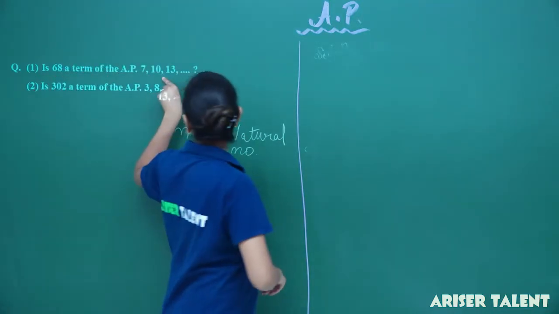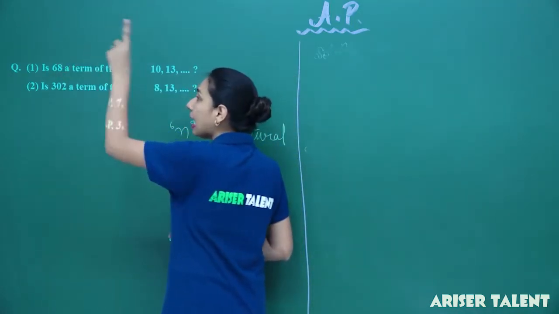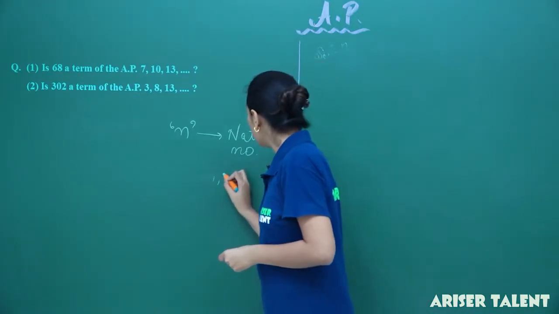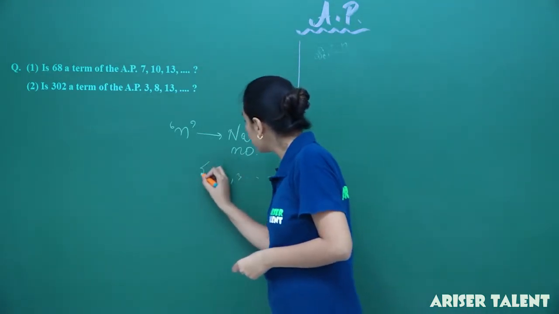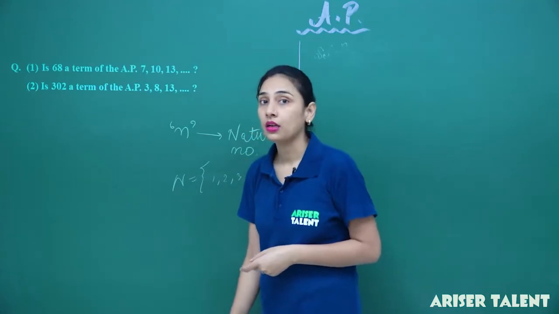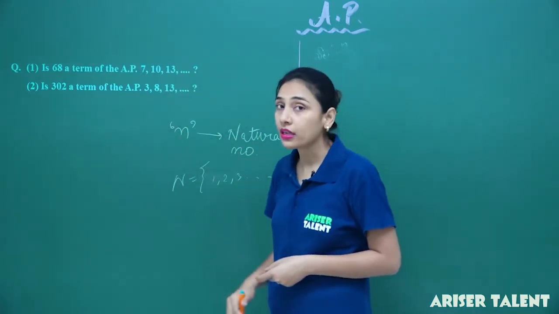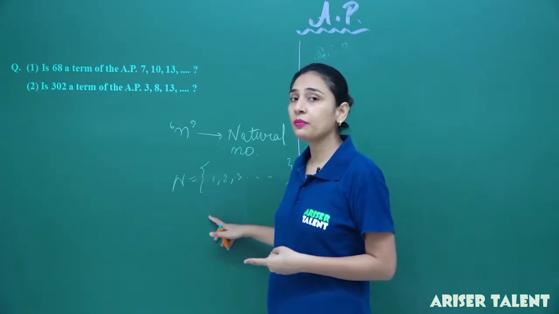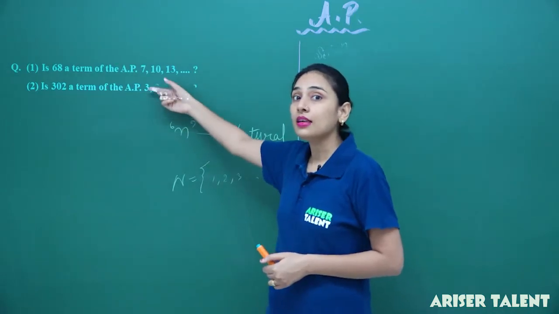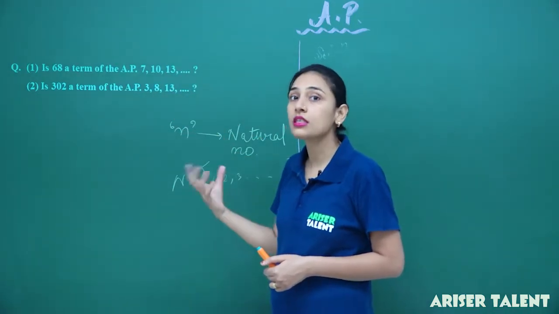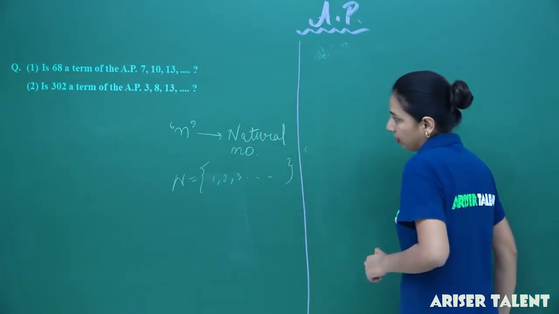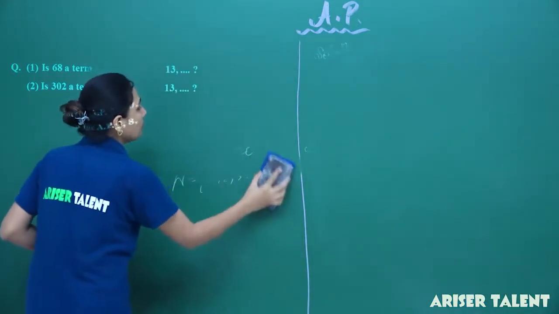If I apply the formula and the value of n comes out as 1, 2, 3 and so on from the natural number set, then I will say that yes, 68 is a term of this AP. And if it is not giving me n as a natural number, then I will refuse to take it as part of this sequence or series of AP. Students, it's so simple. Just apply the concept of n, right?